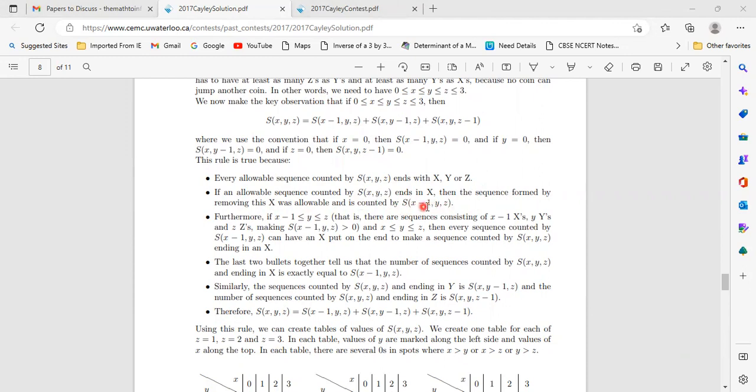And you can also write it in this way: X minus 1 lesser than or equal to Y, lesser than or equal to Z. Meaning it has X minus 1 X's, Y Y's, and Z Z's, and making S of X minus 1 comma Y comma Z greater than 0, and X is lesser than or equal to Y, Y is lesser than or equal to Z. Then every sequence counted by this can have capital X put on the end to make the sequence counted by S of X comma Y comma Z ending in X.